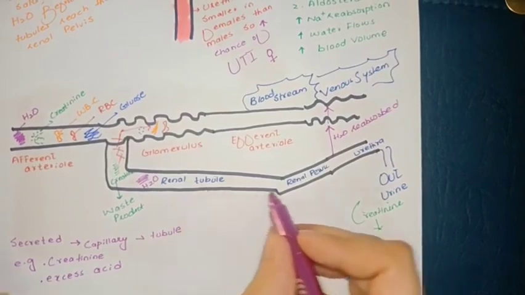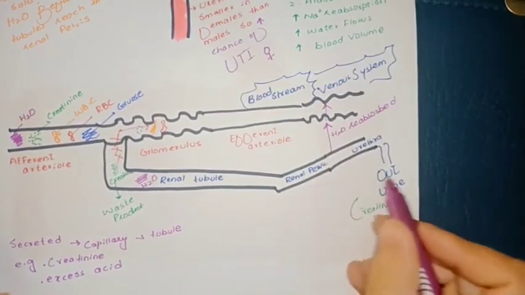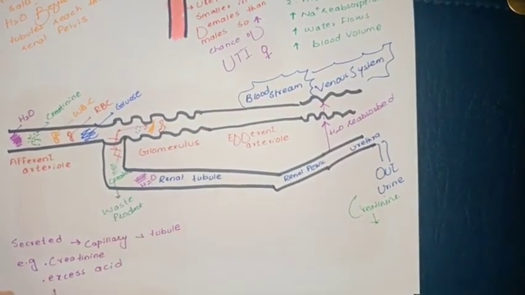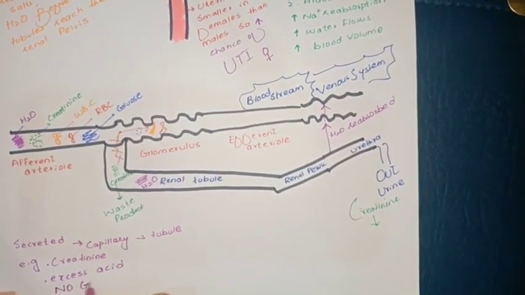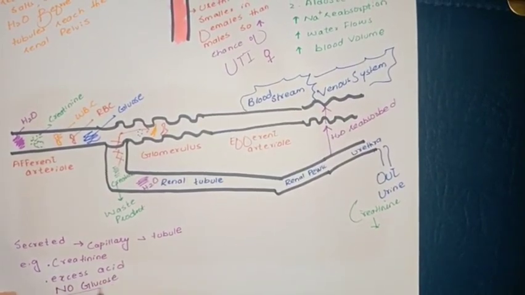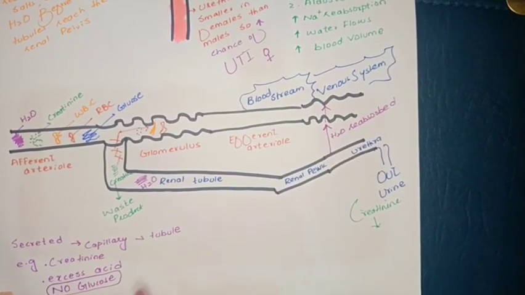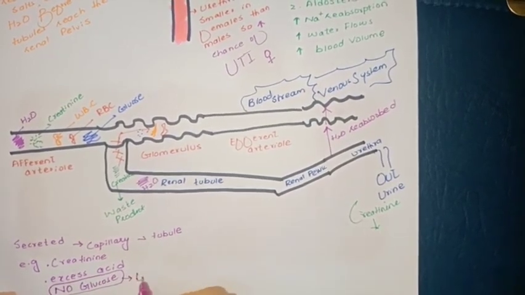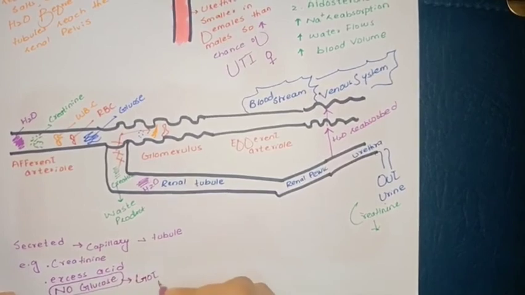Here the tubule is a urinary system. Here the urine comes out, so there should be no glucose here. If any glucose is present here, then this means that you got diabetes.